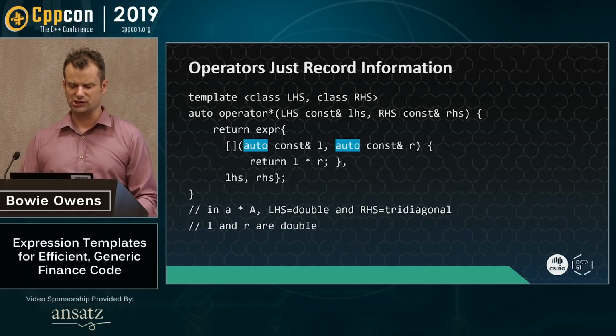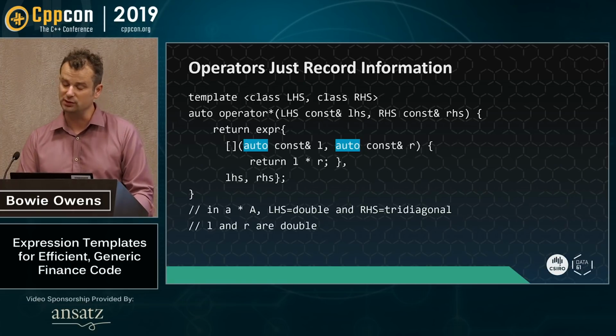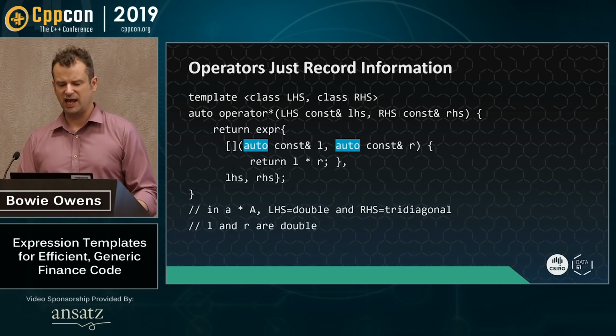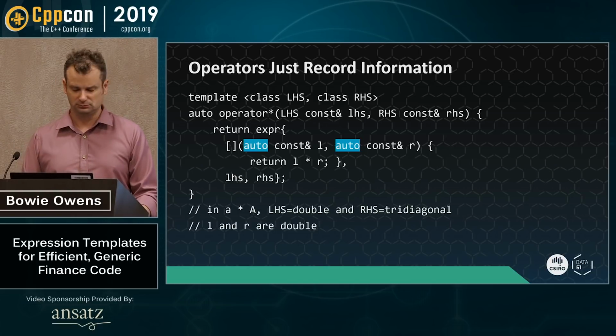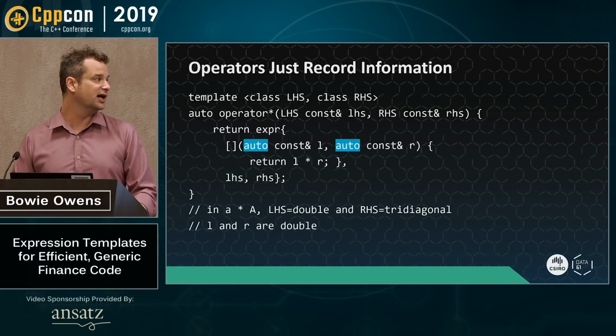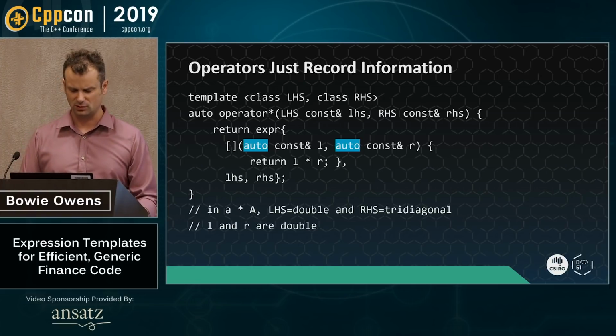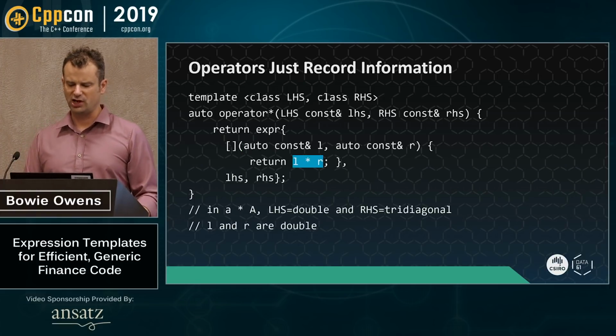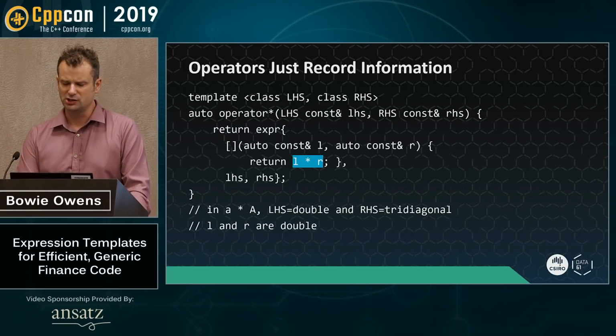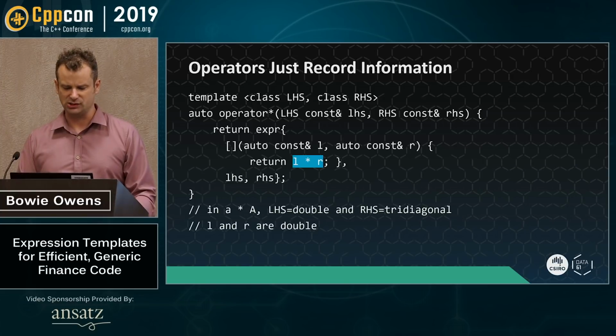And now, this is a generic lambda. So it has auto parameters, so that we don't need to care about what types are going to be multiplied with it later. Although in my example, they are simply doubles. Okay. The lambda also has a deduced return type, so that we let the compiler work out what type L times R has.